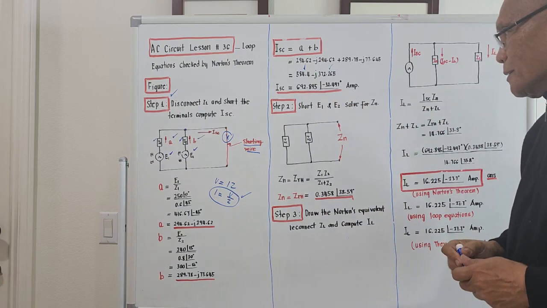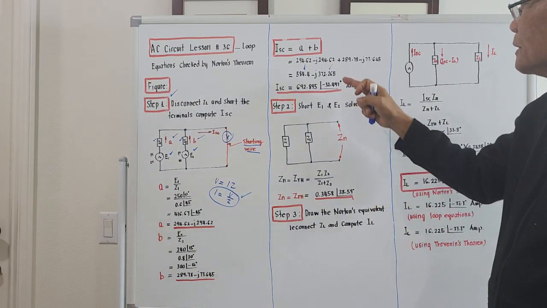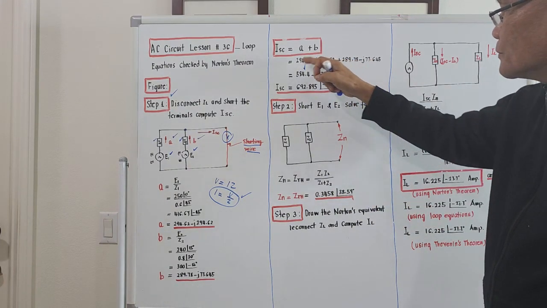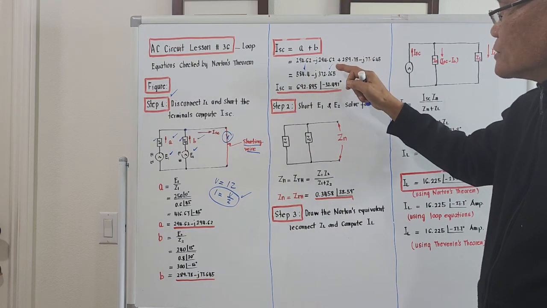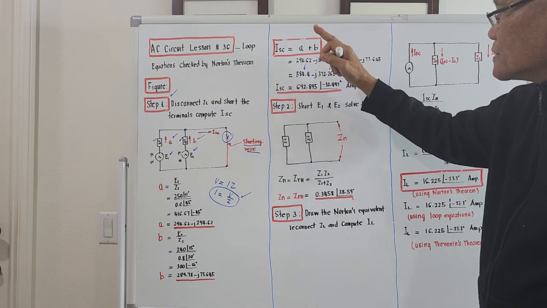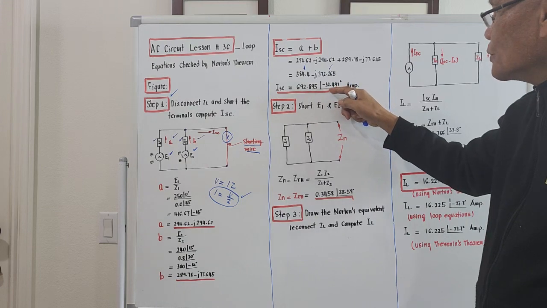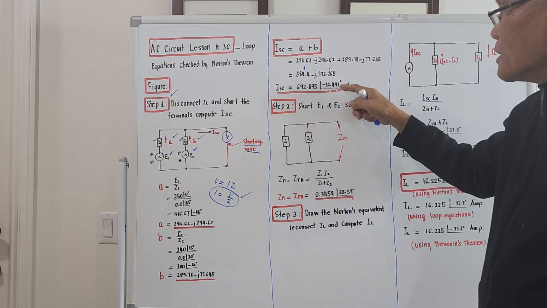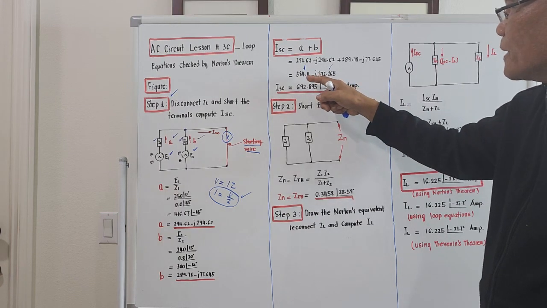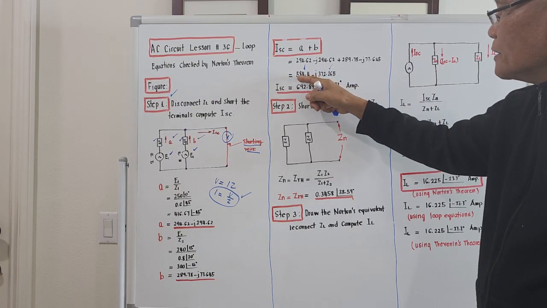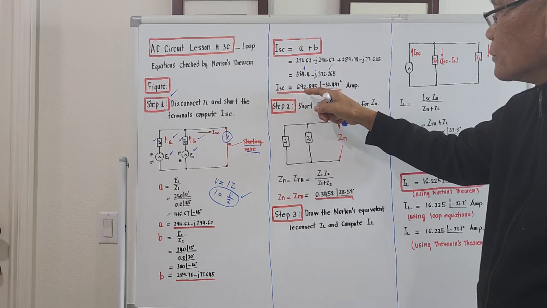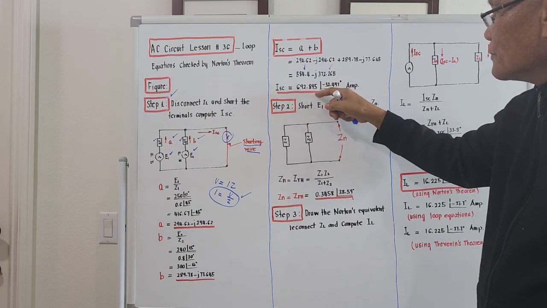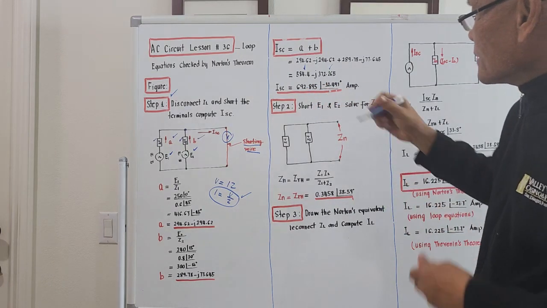Changing to polar, we know how to change from rectangular to polar. Take the ratio of this divided by this, take the arc tangent, and it will be 32.497 degrees. It should be negative. Then you divide 584.4 by the cosine, and what comes out will be 692.895 amperes. This is a big current.